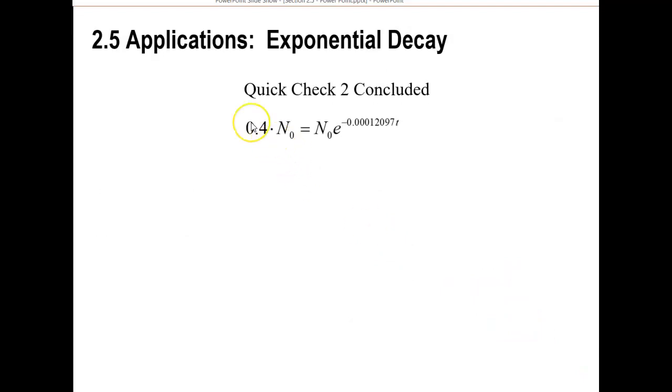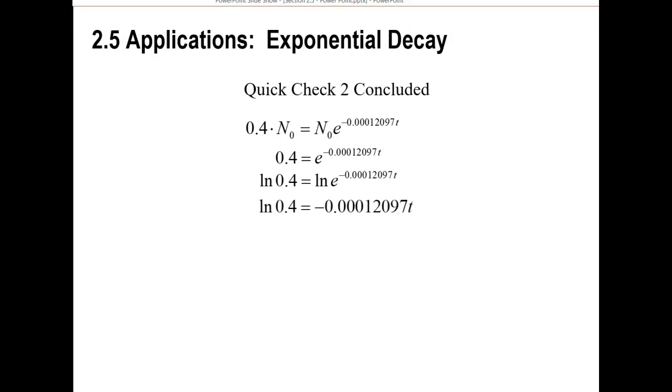So remember, if it says that 60% has decayed, there's 40% of the initial value left. So that's 40% of initial value equals initial value e to the negative kt. And this is what we had found to be k. So divide by the n naught on both sides, cancels it out. Take the natural log on both sides.